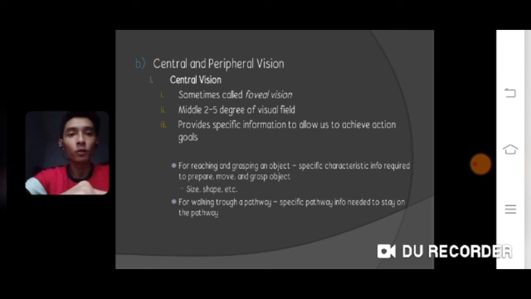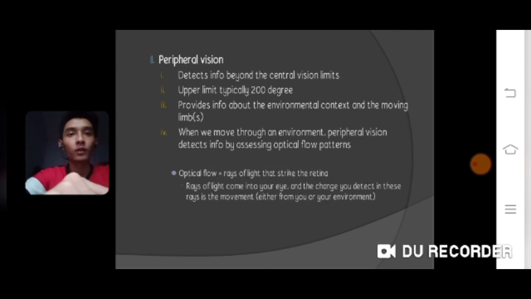For example, for reaching and grasping an object, specific characteristics are required to prepare, move, and grasp the object, such as the size of the object. The second example is walking through a pathway, which requires specific pathway information to stay on the pathway.